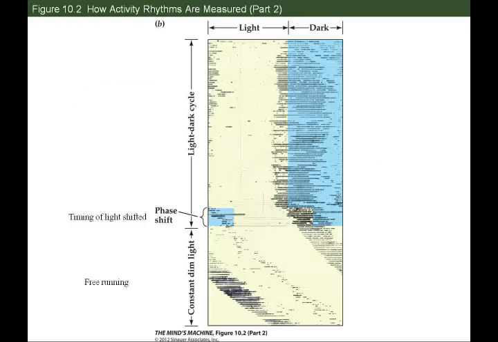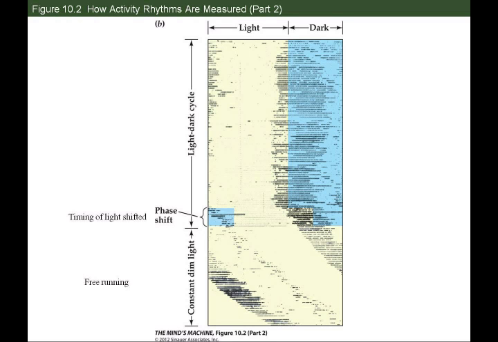So here's what comes out of the computer when we implement the paradigm we talked about with the rodent. All the black lines indicate that the animal was active, so revolutions of the wheel, and the absence of them shows that the animal was not active.